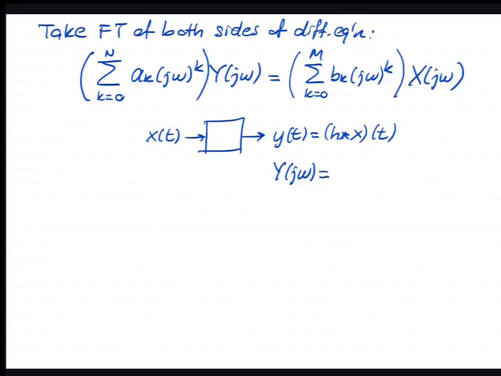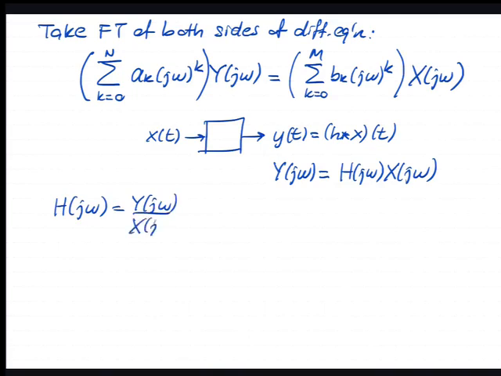I'll ask you. H of j omega times X of j omega, right? So really, H of j omega is Y of j omega divided by X of j omega, which I can find using this expression.